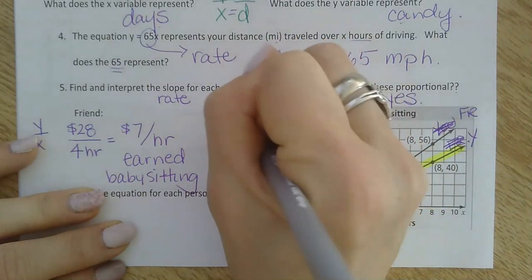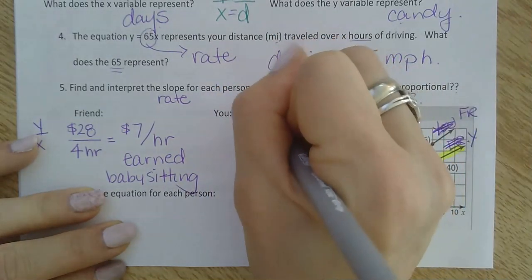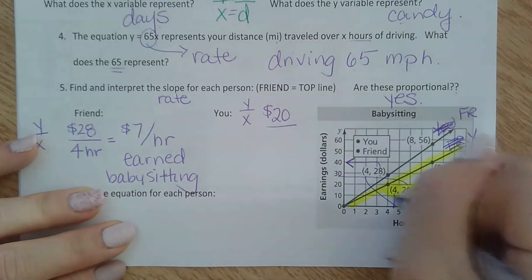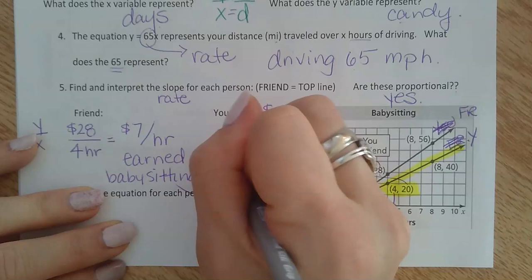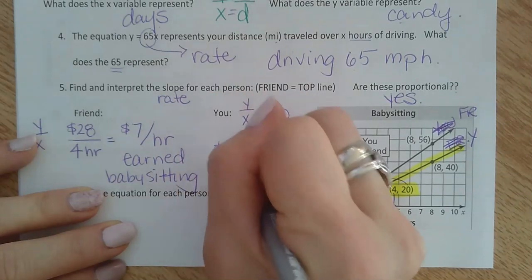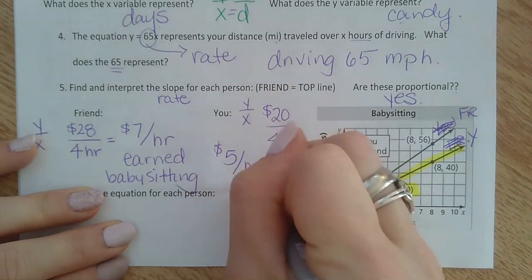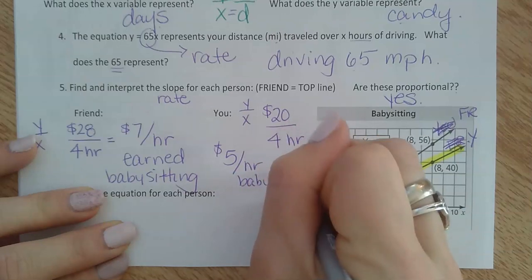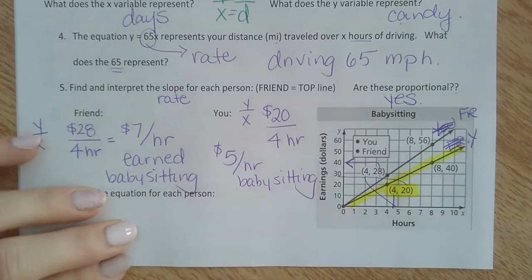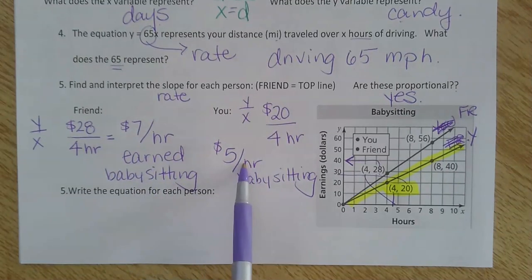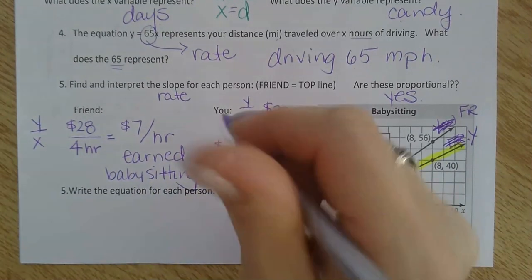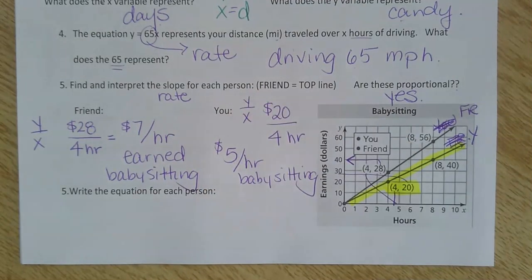So when I do y over x, looks like I get $20 over 4 hours, which simplifies to $5 per hour babysitting for you. Okay, so we not only found the 5 and the 7, but we labeled them and explained what they meant. So write the equation for each person.